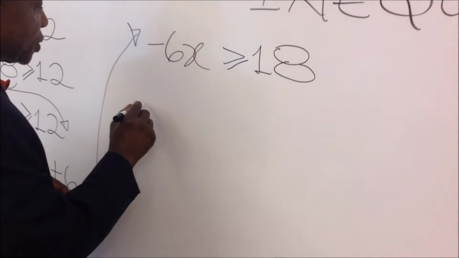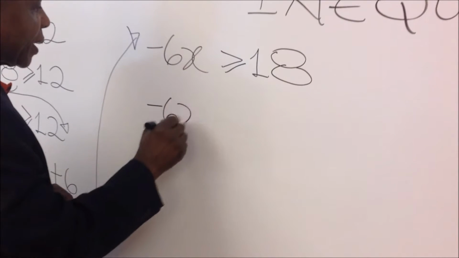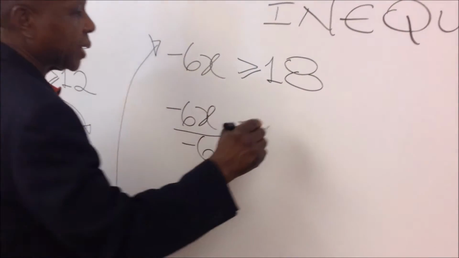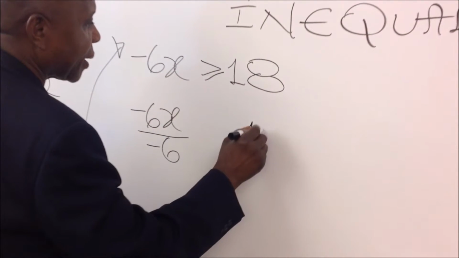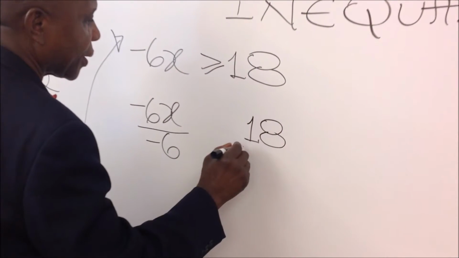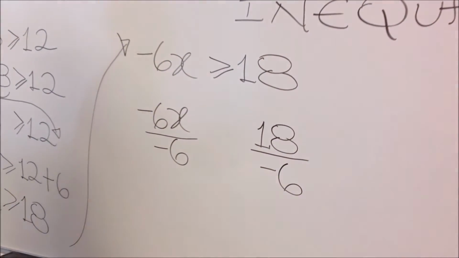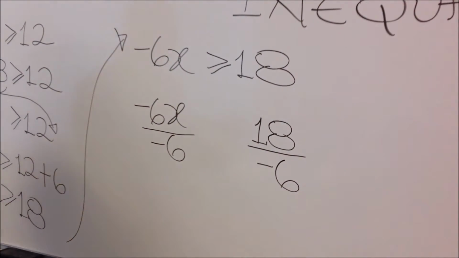So we're going to do negative 6x all over negative 6 and then 18 over negative 6. But watch out for something important that is about to happen.